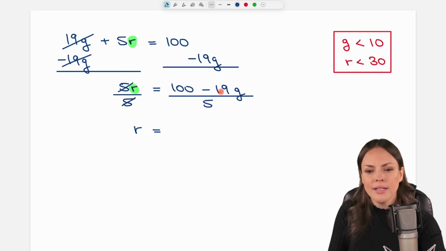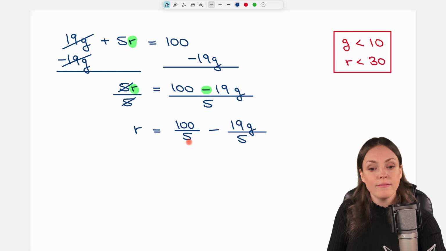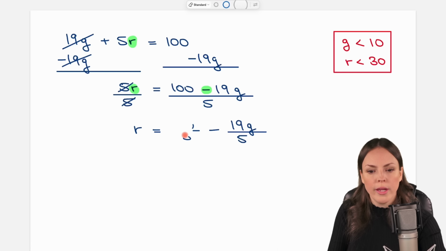And here, maybe we can write this one big fraction as two separate fractions. So we start by taking the 100 over 5 first, and then we subtract the 19G over 5 as a second fraction. 100 over 5 is just 20, so we have a nice number here.